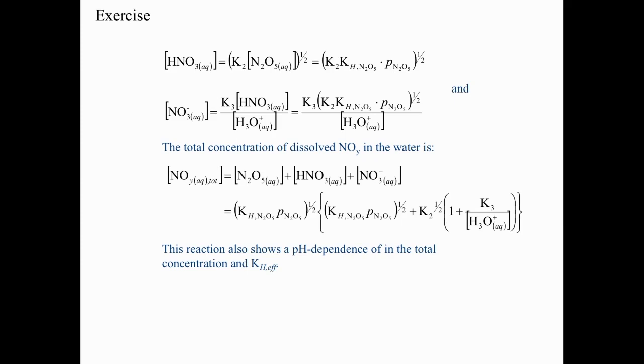What happens if you don't dissolve as much in acidic solutions? It means that you don't take up as much NOx to acidic particles as you would to non-acidic particles. So if your acidity goes up, then your N2O5 uptake on those particles will go down.